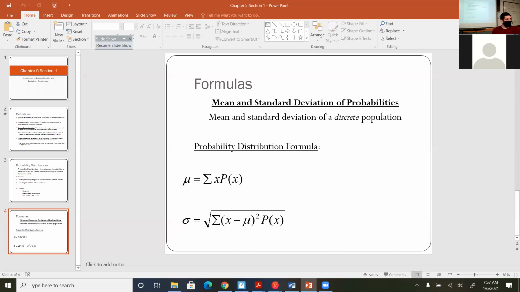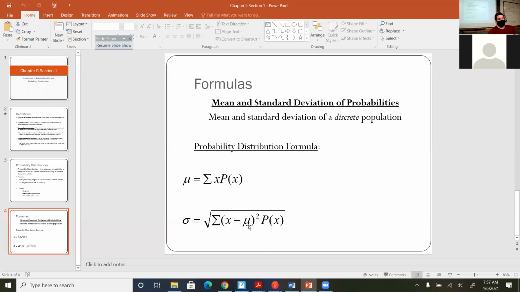So if we had the outputs of 0, 1, and 2, and they had their probabilities, we would do 0 times its probability, plus 1 times its probability, plus 2 times its probability, and then add them all together, and the outcome would be the expected number of whatever.